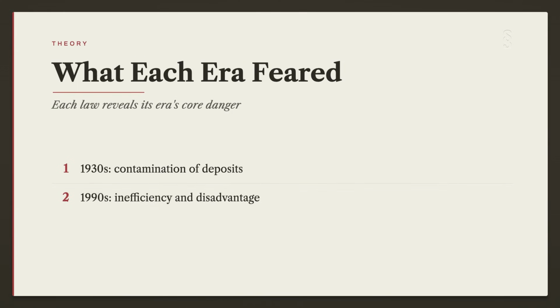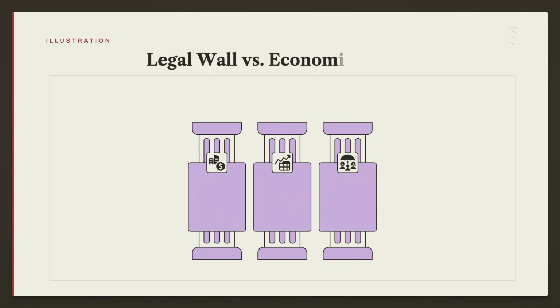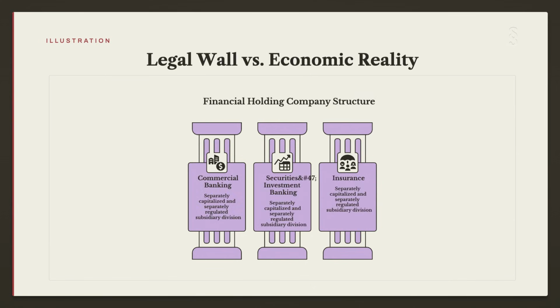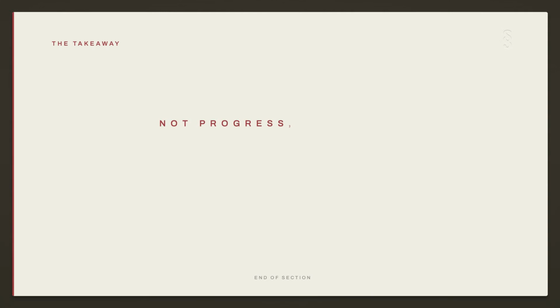The 1990s feared inefficiency and international disadvantage, and the post-2008 period feared excess risk and unmanaged systemic interconnection. Even where one holding company legally owns all 3 sectors, each is still capitalized and regulated as a distinct business. The legal wall is gone, but the economic and supervisory distinction is not.